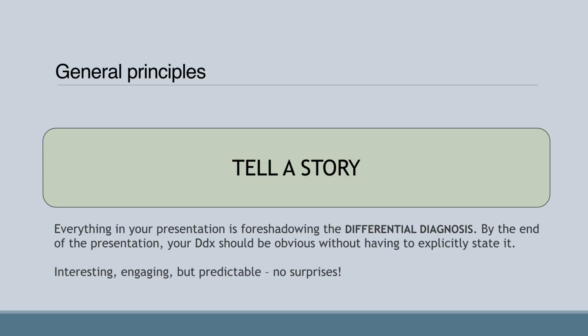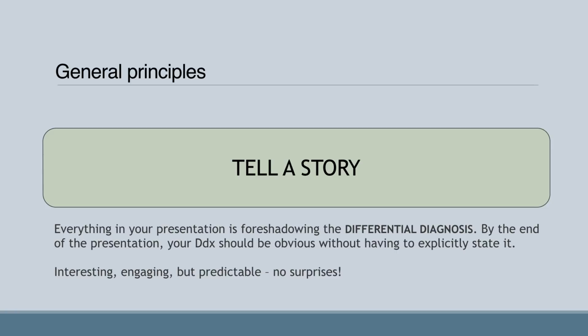Now, this is a crucial point that I really want to hammer home, and if there are only a couple of things you'll take away from this talk, this should definitely be one of them. In your presentation, the conclusion, or the big punchline that you're leading up to, is your differential diagnosis.